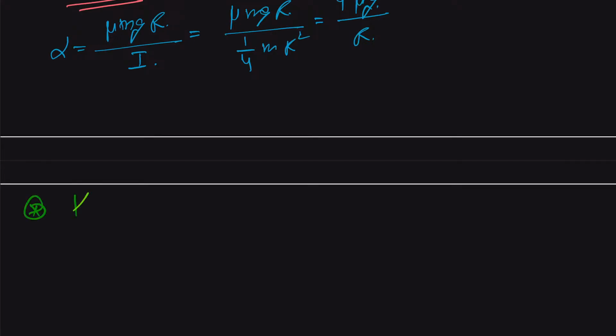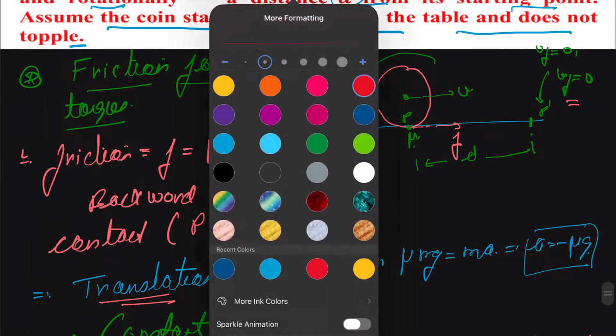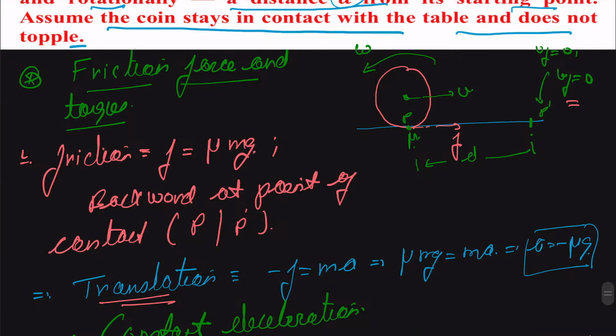Assume that the time taken from P to P prime is t, the time to cover this distance d.